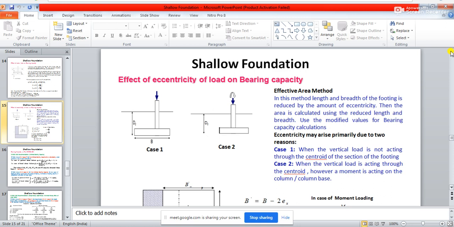So basically he spoke about mobilized shear coefficients of soil for cohesion and angle of internal friction.